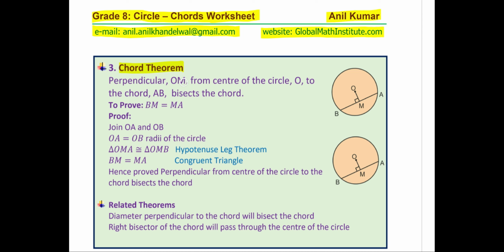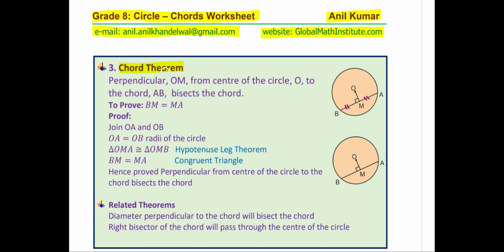Perpendicular OM from the center of the circle O to the chord AB bisects the chord. It really means that it divides it into two equal parts, which is BM is equal to MA. So we need to prove that BM is equal to MA.